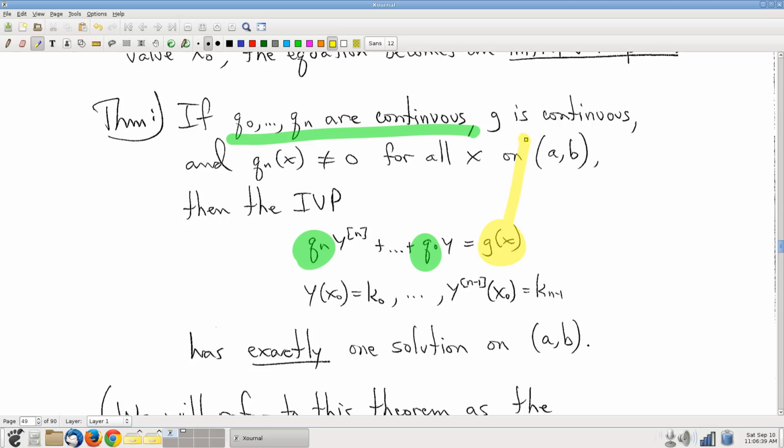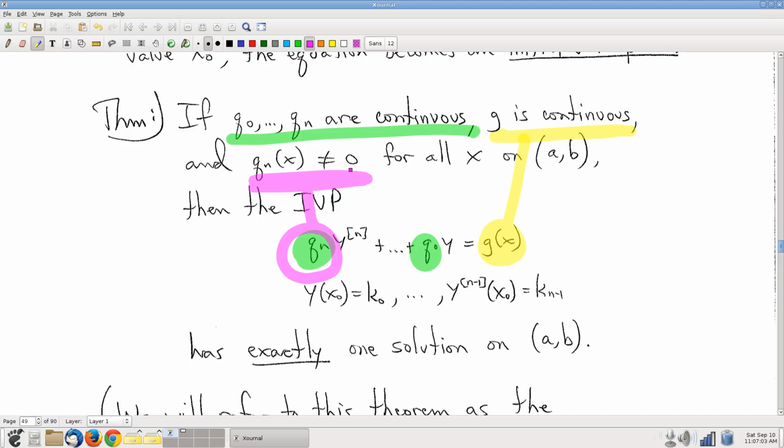This right-hand side has to be continuous. Again, that's part of the condition of the theorem. And lastly, this lead coefficient function can't be 0. If it's 0, then the theorem simply doesn't work, and we'll see why soon.